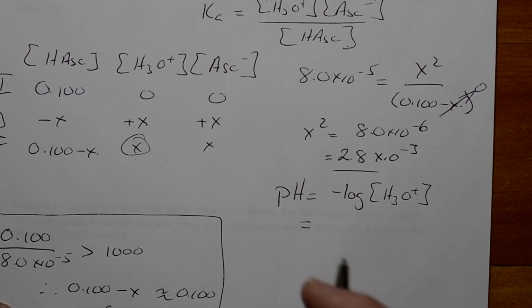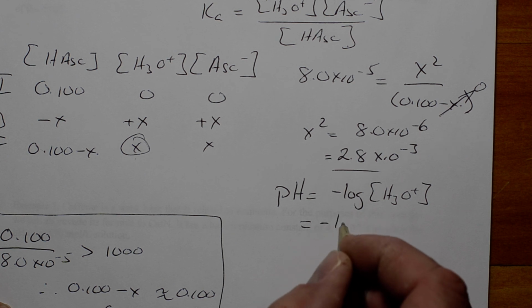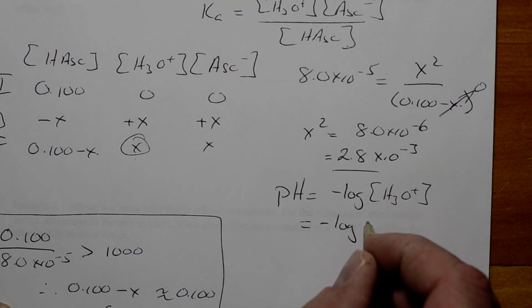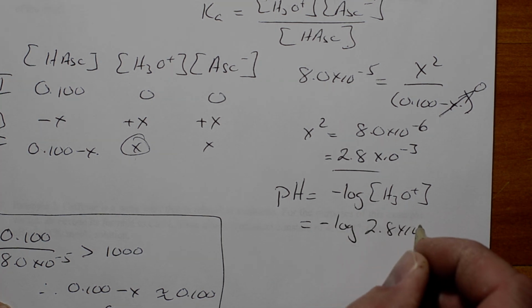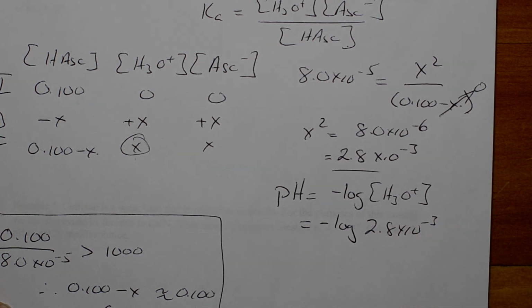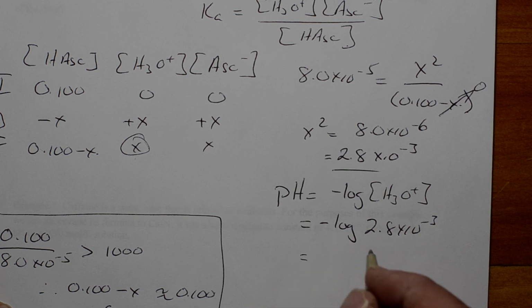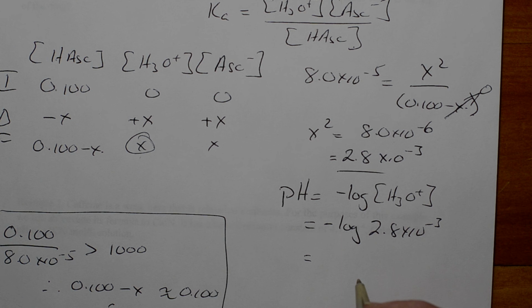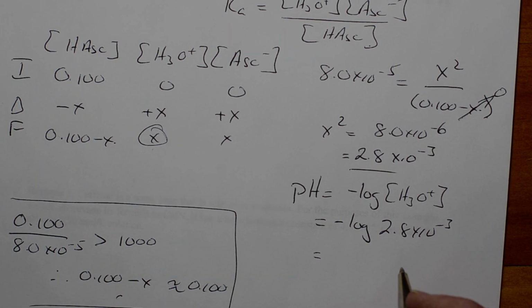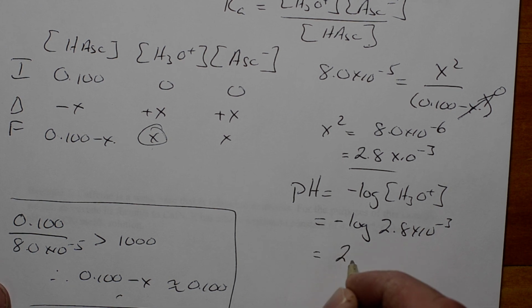Okay, and then if I plug in my number of 2.8 times 10 to the minus 3, the negative log of 10 to the minus 3 is going to be 3, so it's going to be somewhere around there, and we have 2 sig figs, and I think the number will be 2.55, and hopefully you got the same thing.